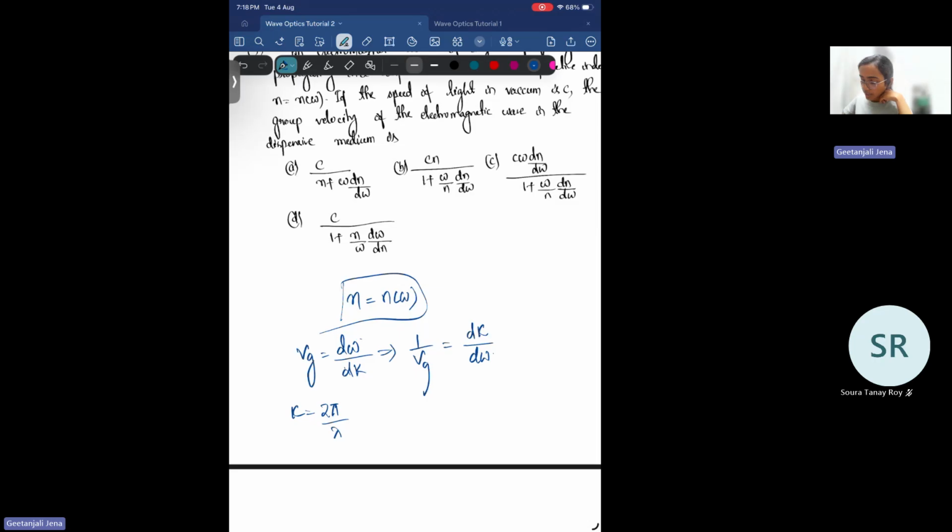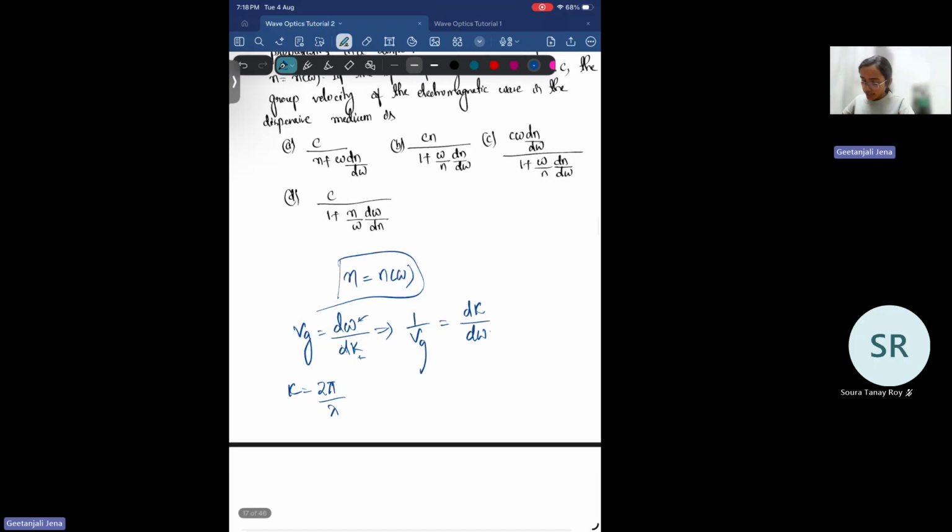We need to express k in terms of n of omega and dk in terms of d omega. So k is 2 pi over lambda, which we can write as 2 pi over lambda 0 times n, or k0 n of omega, where k0 is omega by c.